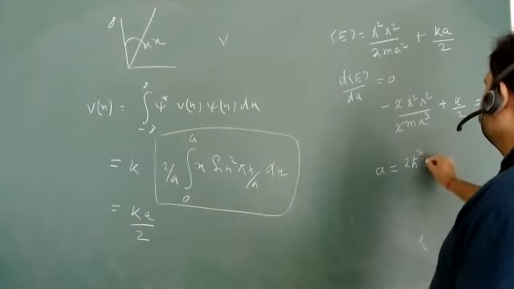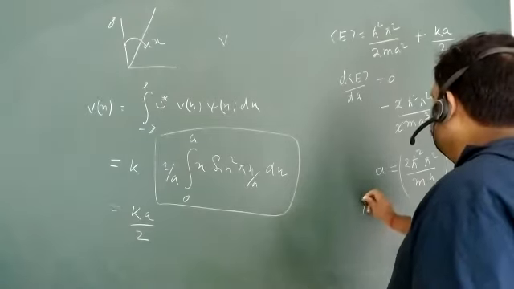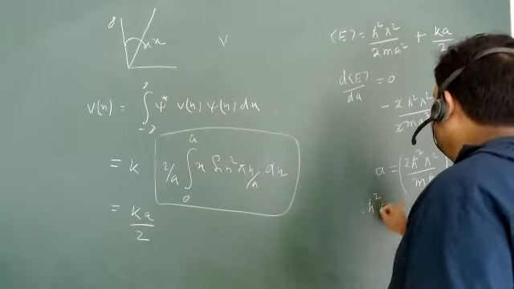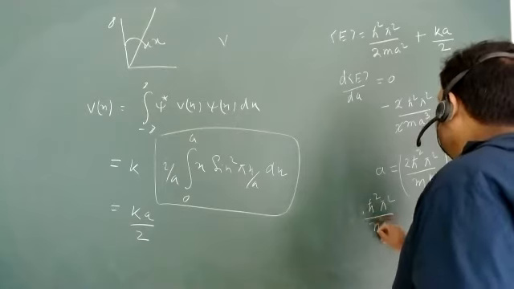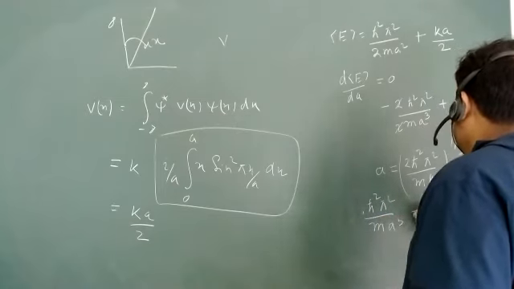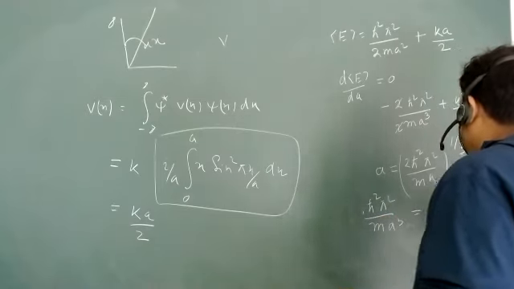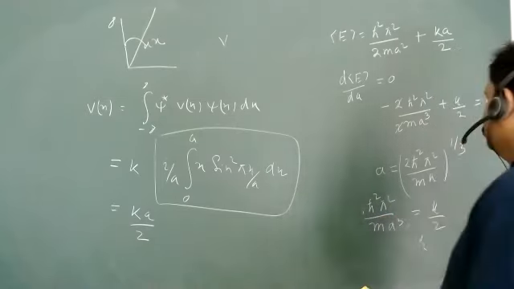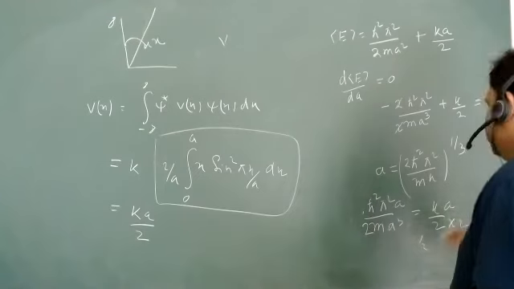Now you can again write the kinetic energy in terms of potential energy from here. How will you write it? Tell me. You have h cut square pi square upon m a cube is equal to k by 2. Multiply by A, divide by 2.